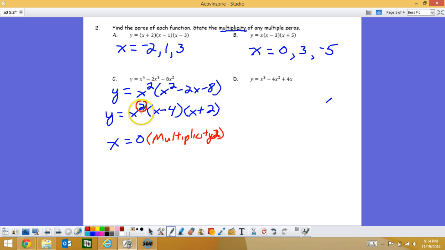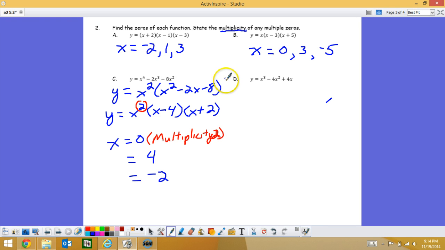Because of that exponent of 2, it occurs twice. Now the other two zeros, 4 and -2, since they don't have an exponent other than 1, only occur once, so we don't say that they have multiplicity, only those that happen more than once.